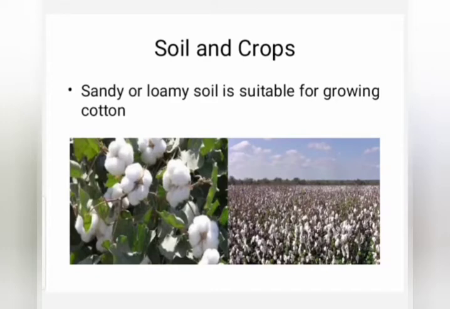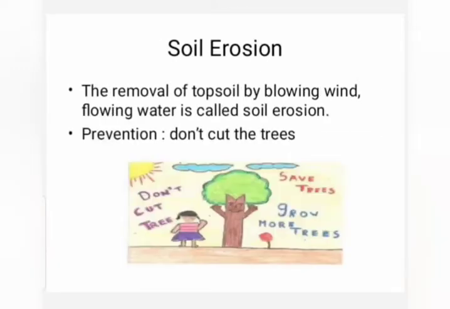The removal of topsoil by blowing wind or flowing water is called soil erosion. Because of soil erosion, the soil loses its fertility. It makes the land barren.